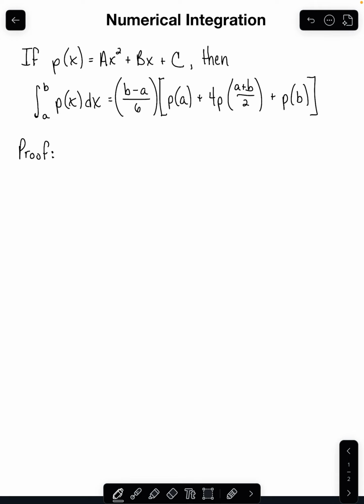What we're saying then is that whatever that parabola turns out to be, we can evaluate the integral using only the little a and little b without actually having to establish the values of big A, big B, and big C. So what we're going to start with is that we have the integral from little a to little b of our polynomial, which we can then rewrite using the generic form big A times x squared plus big B times x plus big C dx.